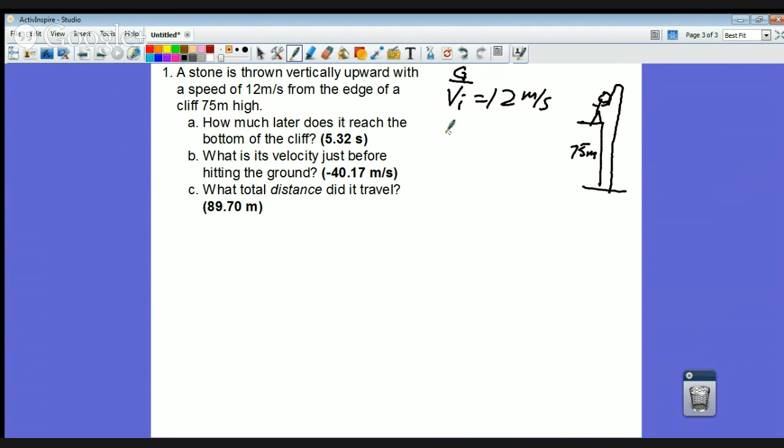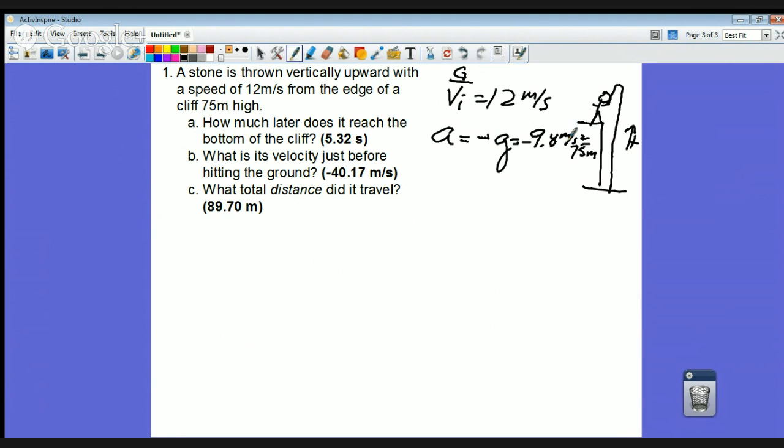We're going to say up is positive, right? So that means that the acceleration is negative because we know the acceleration of gravity is always down. So that's going to be negative g, and negative 10. Well, actually, with this, they always use 9.8, so let's do the same. So negative 9.8 meters per second squared.